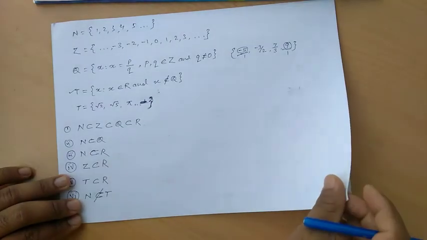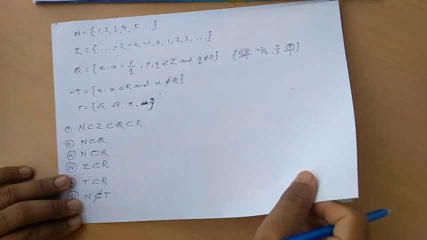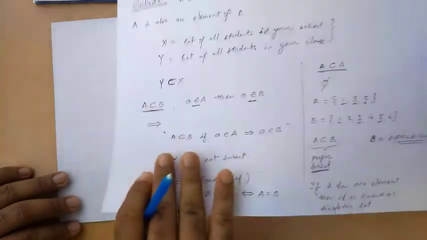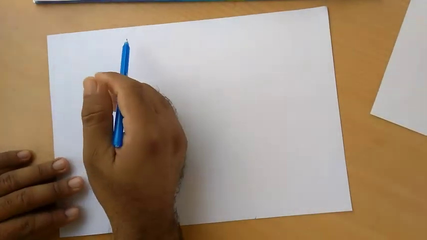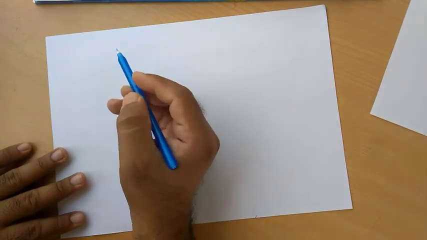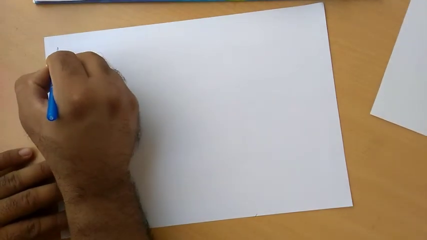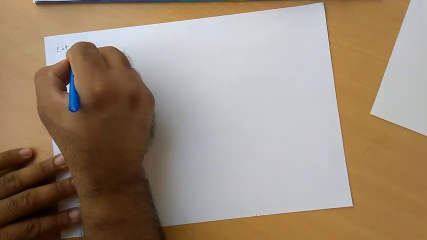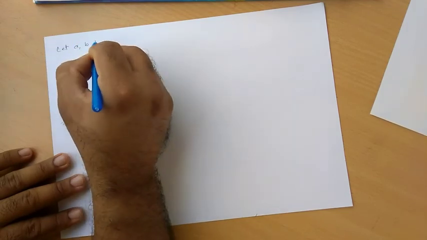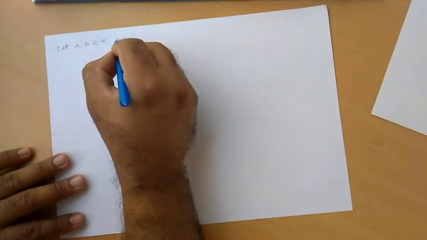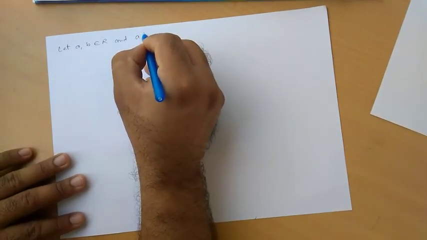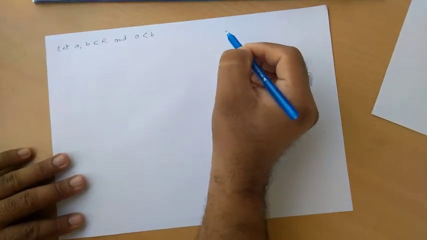Now we'll talk about the intervals as a subset of R. So how we are going to define, we'll see that. Okay, so let a, b belong to real number, and also we are defining that a is less than b.